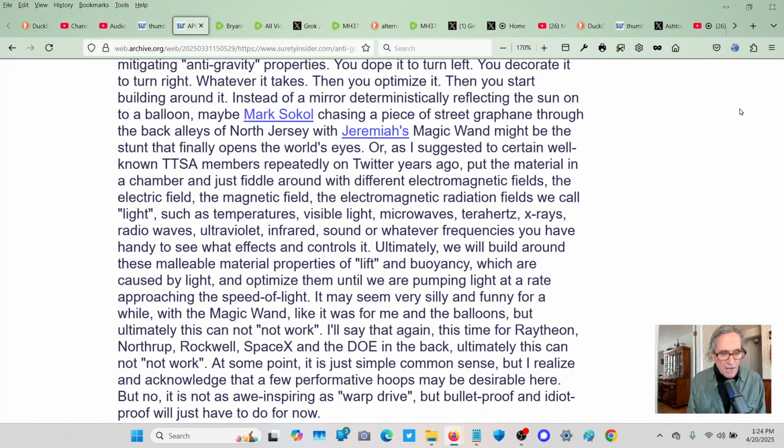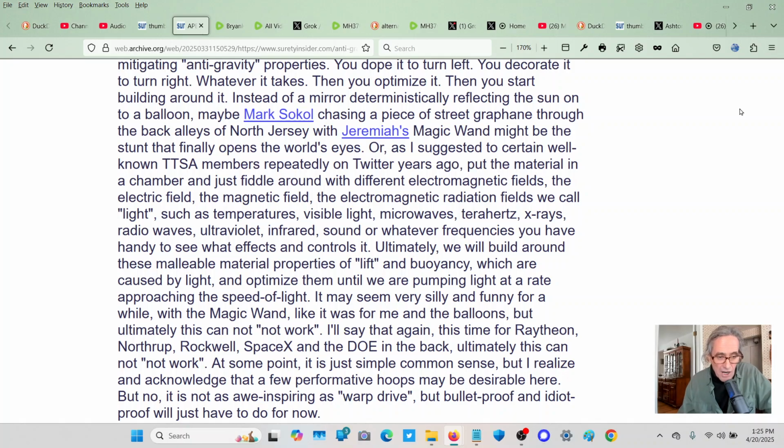Put the material in a chamber and just fiddle around with the different electromagnetic fields. The electric field, the magnetic field, the electromagnetic radiation fields we call light, such as temperatures, visible light, microwaves, terahertz, X-rays, radio waves, ultraviolet, infrared, sound, or whatever frequencies you have handy to see what affects and controls it.